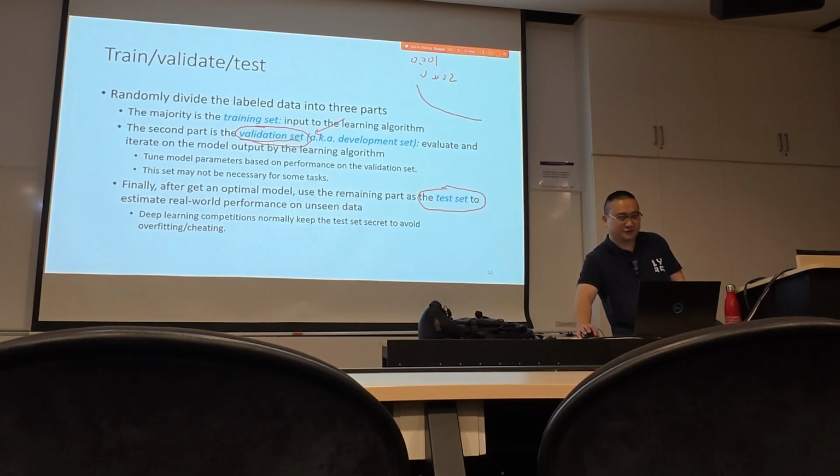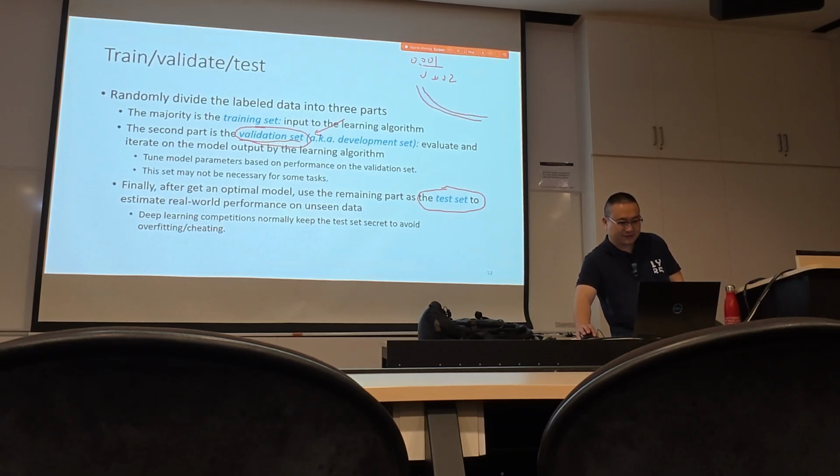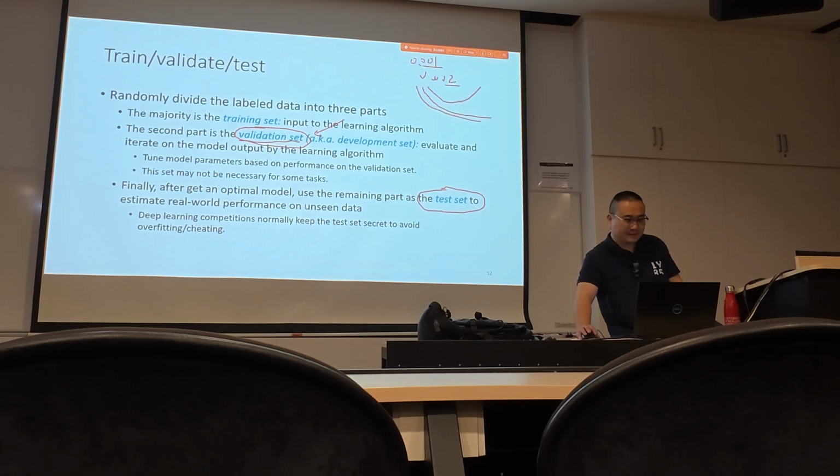But maybe you can notice that on the validation set, 0.01 is much better. For example, it can reduce the validation loss to some line like this. And if you are using a large one, you can see the validation loss just bounces back. So this is the difference between training, validation, and testing sets.